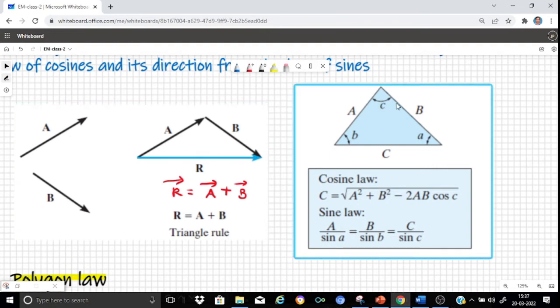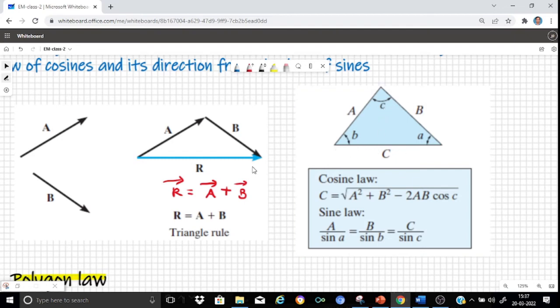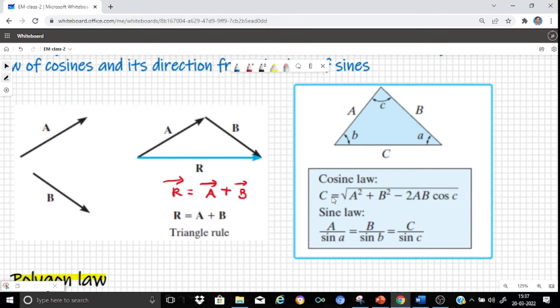That means you can easily obtain the included angle c. So knowing A, B and the included angle small c, you can obtain the magnitude of the resultant R, that is C equal to square root of A square plus B square minus 2AB cos c. Remember, you know the length of two sides A and B, and also you know the included angle c between the two sides.